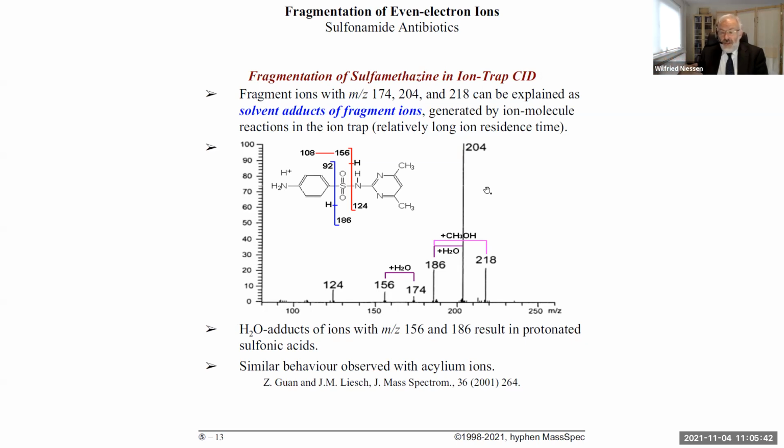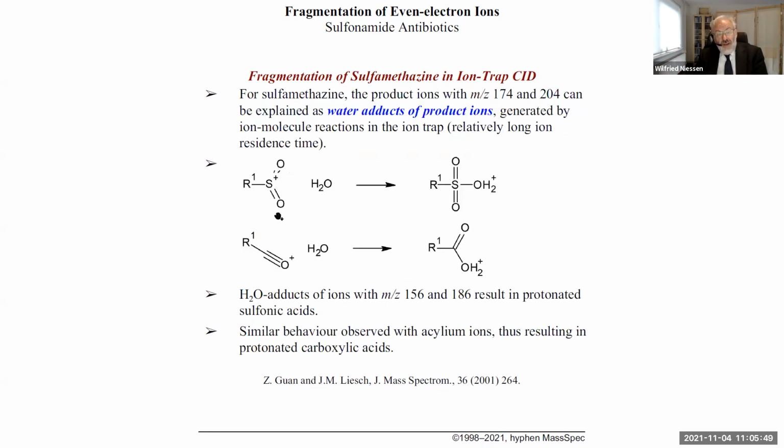Especially water adducts are something I frequently see in these situations. We see it with these types of ions. We can also see it in some cases with acylium or oxonium ions, for instance as a result of fragmentation of an amide or an ester, and it's picking up water as well.